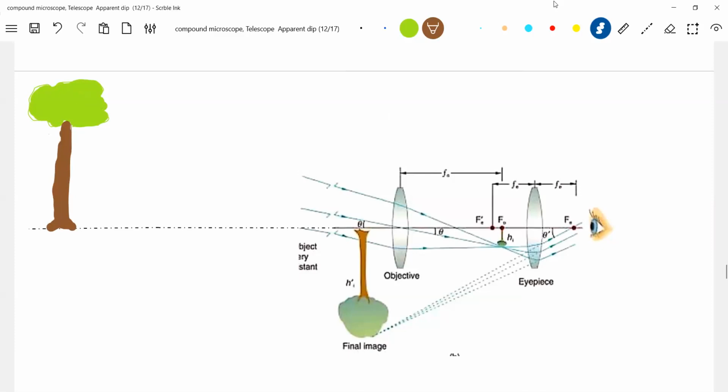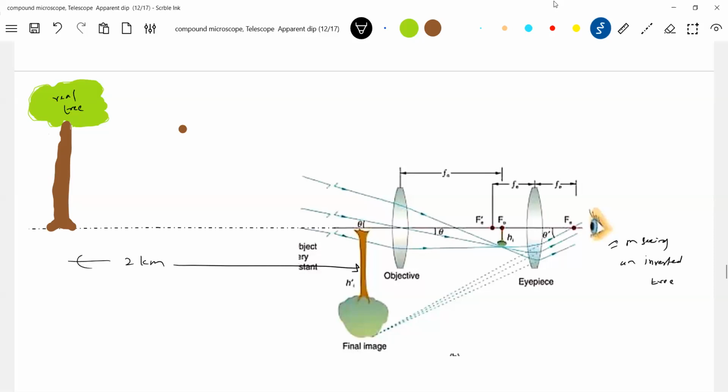There's a real tree, which will be at a distance of say 2 kilometers. So when you see that one inverted, I'm seeing an inverted image, an inverted tree.